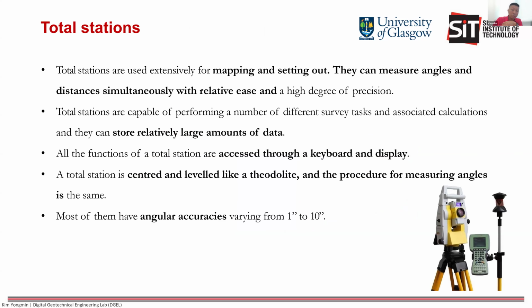Total station, like what Shen introduced just now, is extensively used for mapping and setting out, and it can measure the angle and the distance. Here it measures the horizontal angle, vertical angle, and the slope distance simultaneously with relative ease and a high degree of precision.